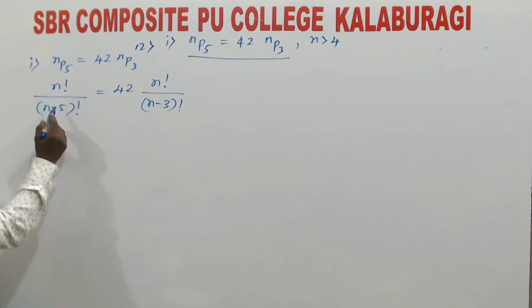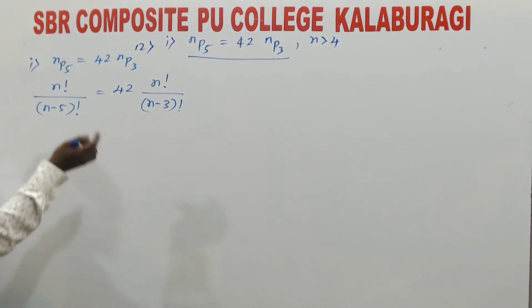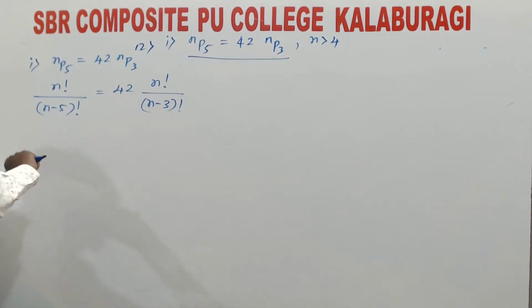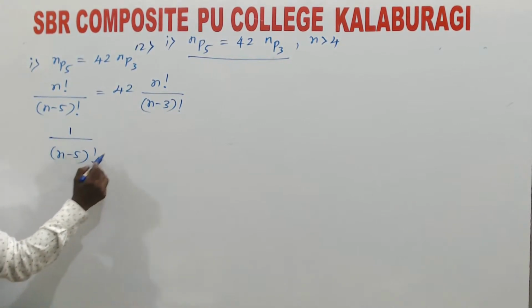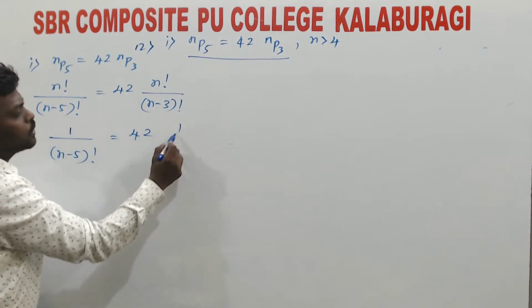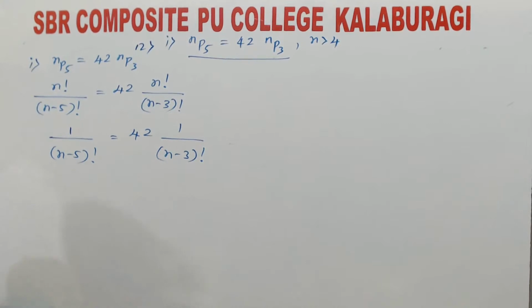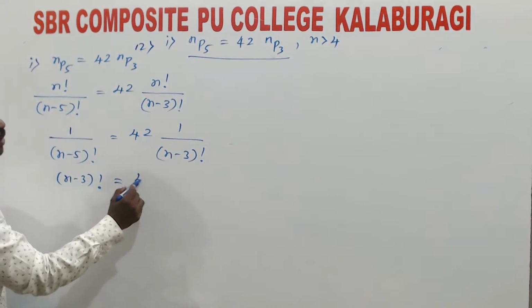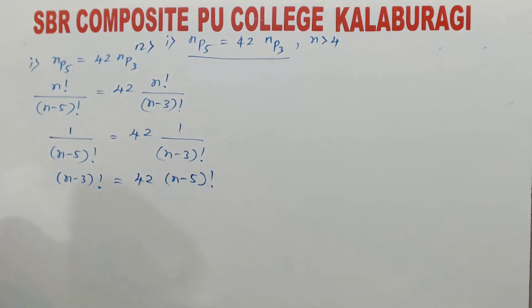If you see here, we can reduce one more step also. n factorial we can cancel. So 1 by (n minus 5) whole factorial is equal to 42 times 1 divided by (n minus 3) factorial. So cross multiply now: (n minus 3) whole factorial is equal to 42 into (n minus 5) factorial.